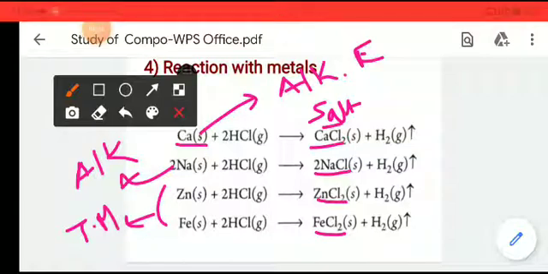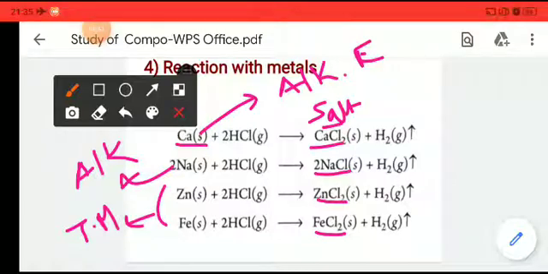Okay, so HCl, hydrochloric acid, is a strong acid, but here it is representing the hydrogen chloride gas. As hydrogen chloride gas is strongly acidic in nature, it will also behave as an acid, and whenever reacting with metal, it will evolve H2 gas from the system.